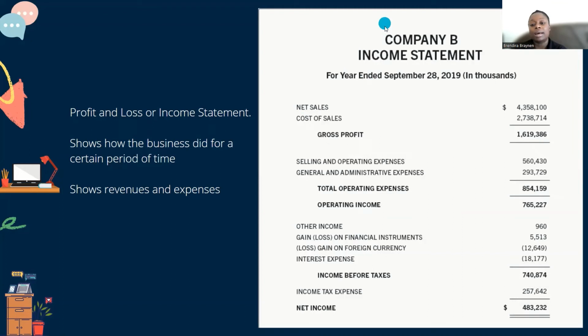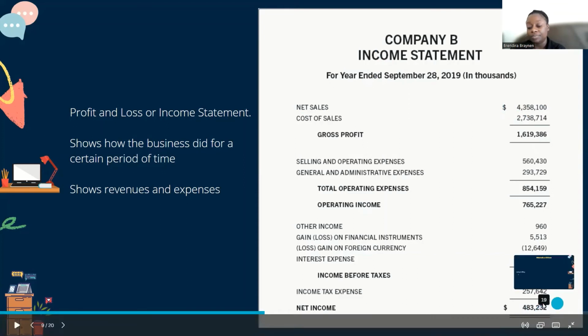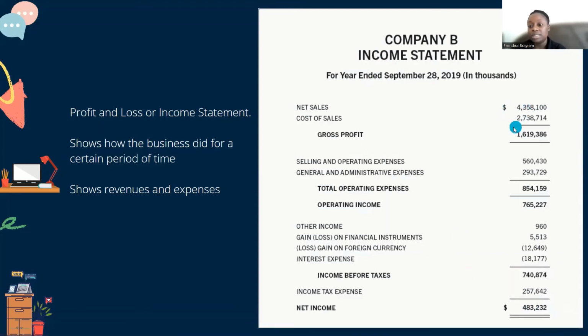And so when we look at the statement itself, as you can see, we use the dollar sign at the very top and at the very bottom only. Whenever we're using a total, we use this line to indicate, hey, there's a total happening here. So this line tells me that we did something here from this number to get to this number. And so, of course, we had to subtract to get to something like this.